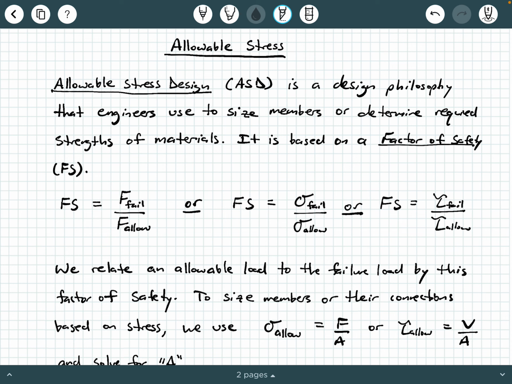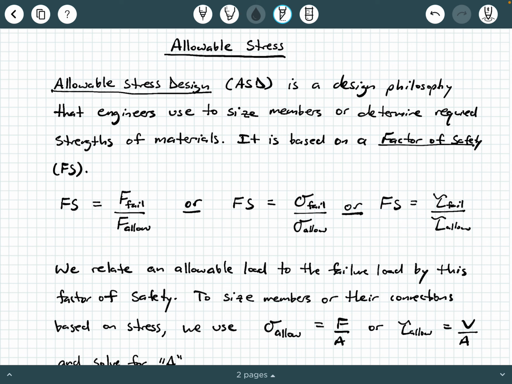So what is allowable stress? Well, this is based on a design philosophy called Allowable Stress Design, which we sometimes abbreviate ASD. Now, this is a design philosophy that engineers use to size members or determine required strengths of materials that those members are made of.